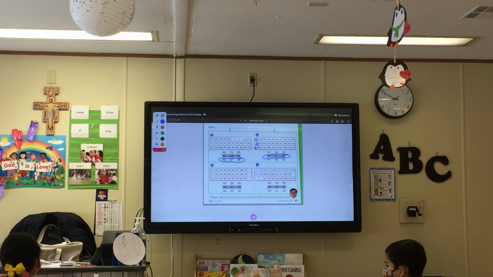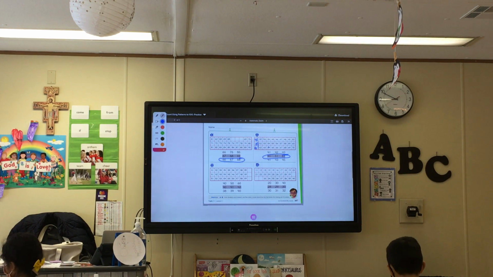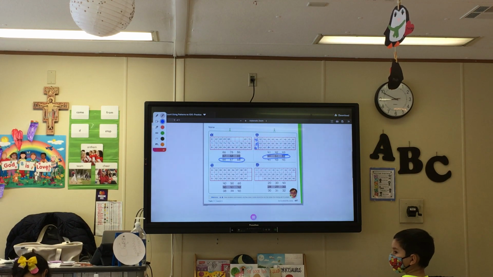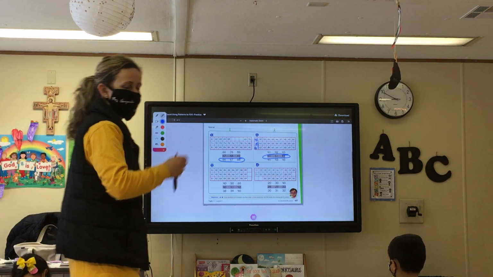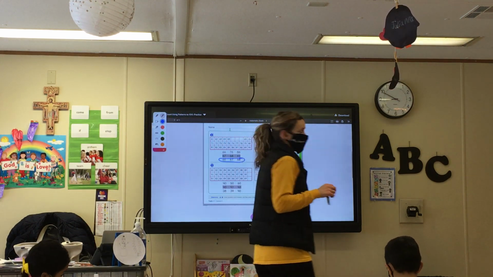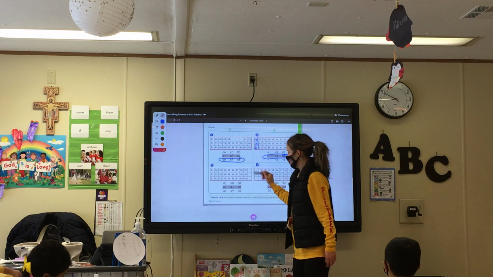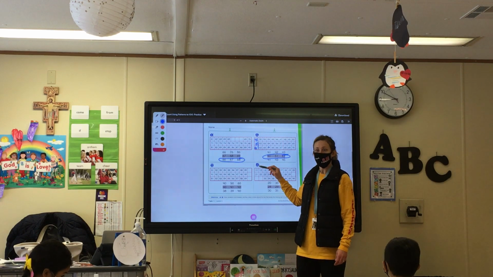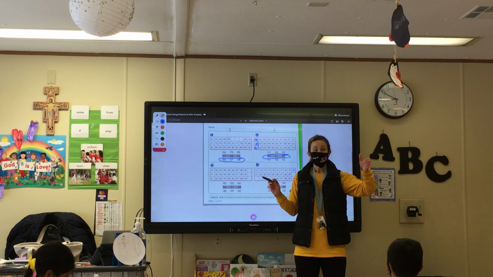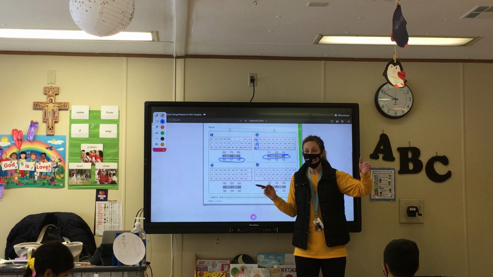Okay. All right, so let me ask you this. Are we looking at numbers in a row, left to right, or in a column, top to bottom? Finn? Where are numbers missing? Column, okay? It's the last column. So what numbers always go in the last column?